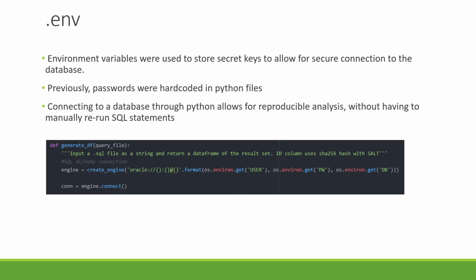So obviously not very secure and not very reproducible either for another programmer who happens to pick up that file. Using environment variables and pipenv is a great way to hide those credentials in the .env file so that there are no security breaches that would happen as a result of that.